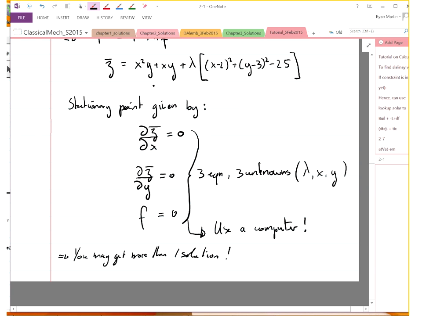You have an x squared in the constraint equation, and you have an x squared in the original z. So a quadratic is going to have more than one solution. So in this case, I think you end up with 6 possible solutions. And so then you're not going to know if they're maxima or minima. So you'll have to test to find the one that maximizes z.